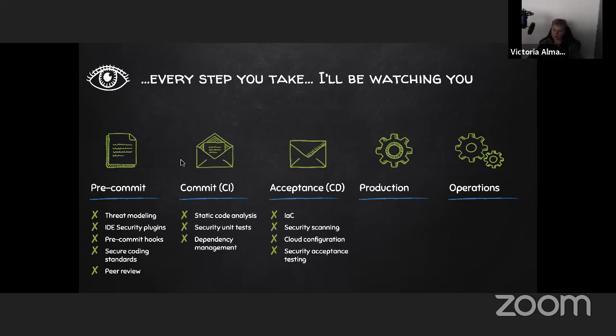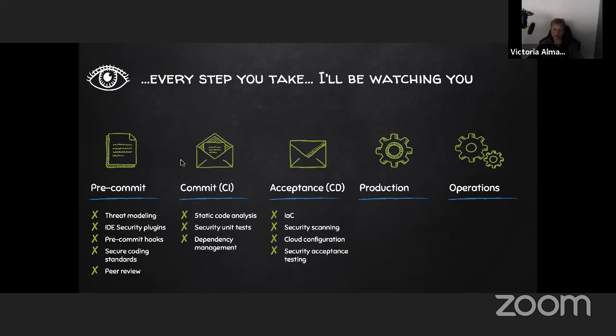We can apply different security scanning tools, and especially in today's world, when we are using, for example, containers, Docker, and Kubernetes became so popular, you can apply security scanning towards the container repositories. You can check the cloud configuration.